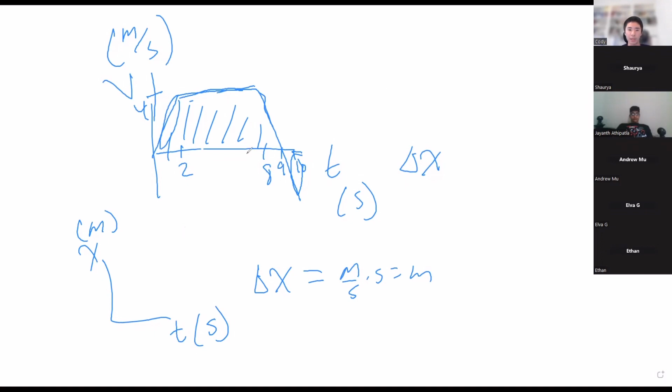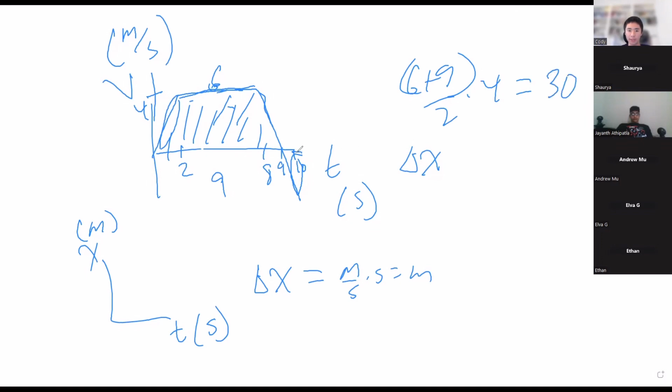So if you wanted to find the total displacement of this object, you just find the area of this trapezoid, right? So this is 6. This is 9. So 6 plus 9 over 2 times 4. That's 30, I believe.